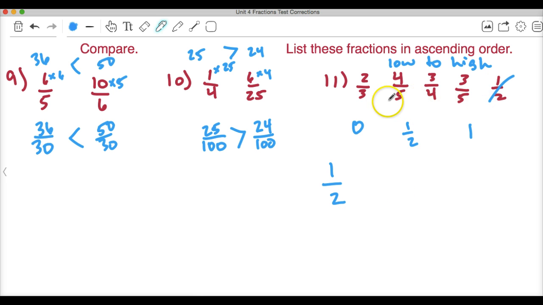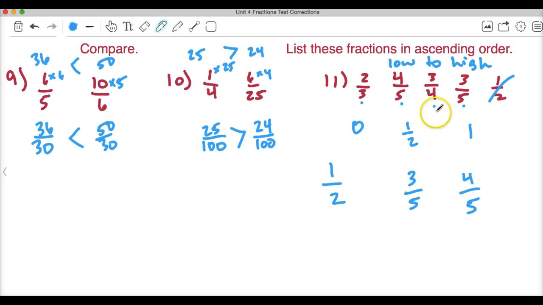So for my next one, I'm looking at 2/3, 4/5, 3/4, and 3/5. If I'm looking at these, I know that 3/5 is smaller than 4/5. So I'm going to put 3/5 down here, and I'm going to put 4/5 to the right of it because I know that's larger. But I don't know where these two fit in, so I'm going to have to do a little bit of work to figure that out.